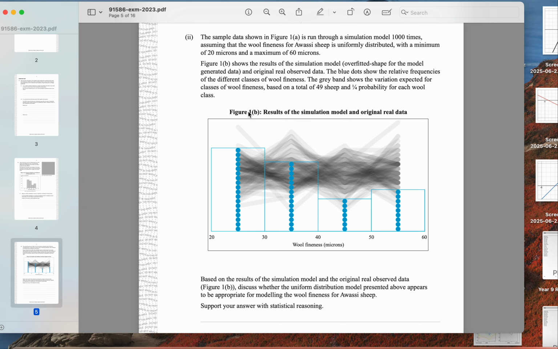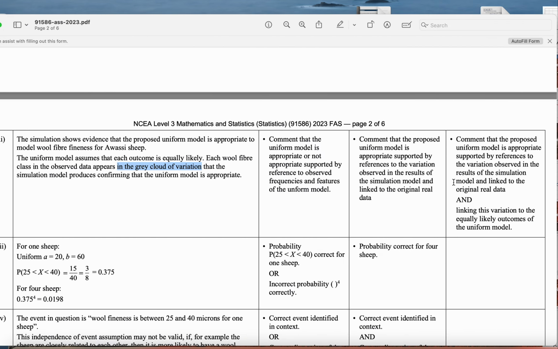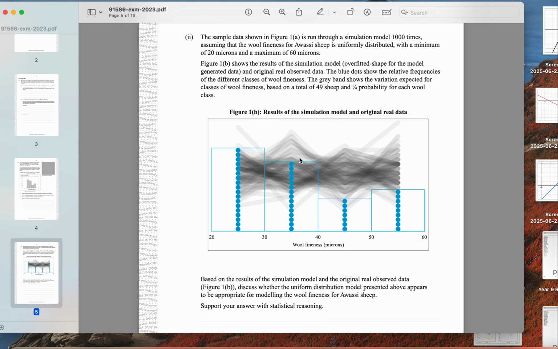So when we see that, just remember it's a whole lot of individual randomized runs, 1,000 of them, recorded on top of each other to give us an idea, through randomization, through a simulation, of what is possible even when each of those 4 classes are considered to be equally likely. Okay, thank you.